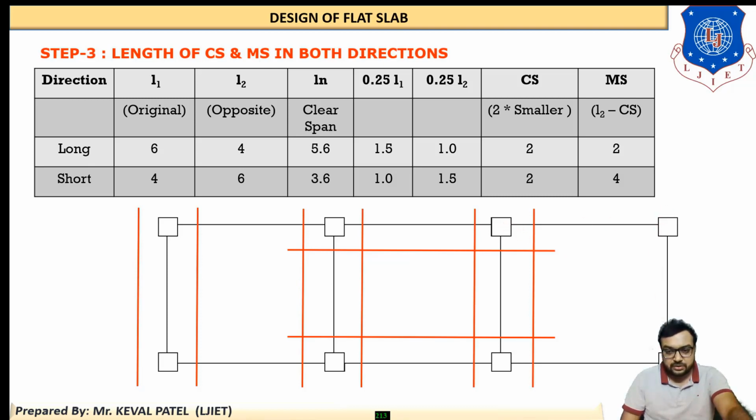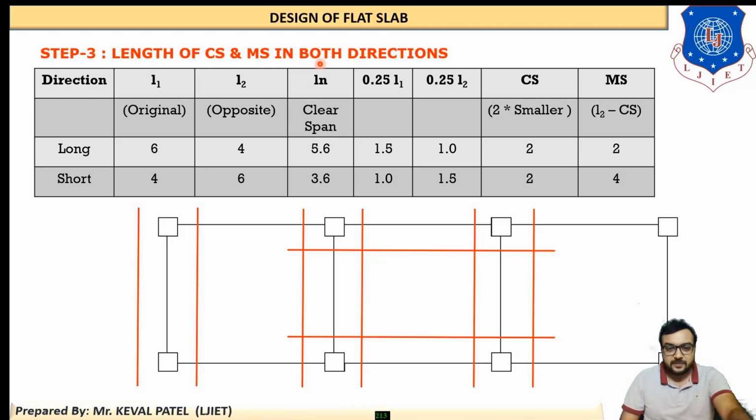This square portion is also called a slab, or as per flat slab proportioning, it is called a panel. So this is panel number 1, this is panel number 2, and this is panel number 3.